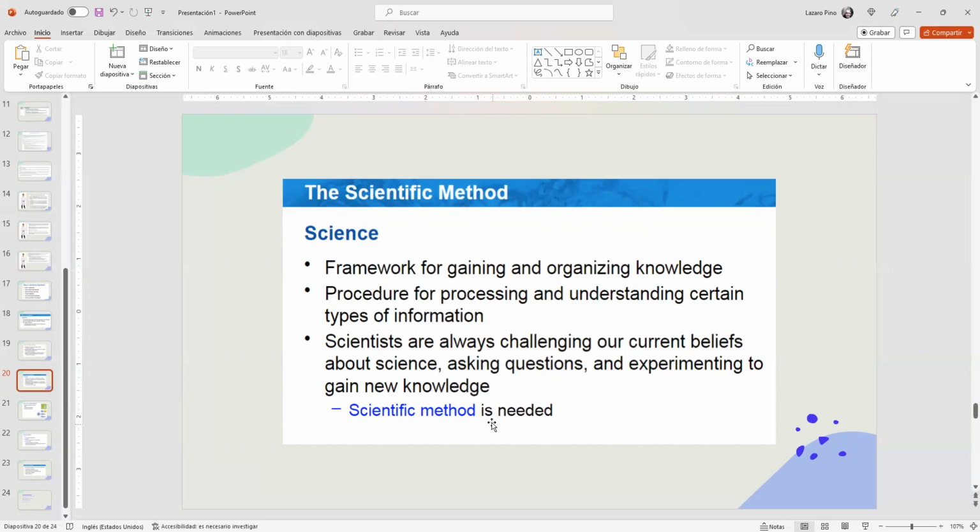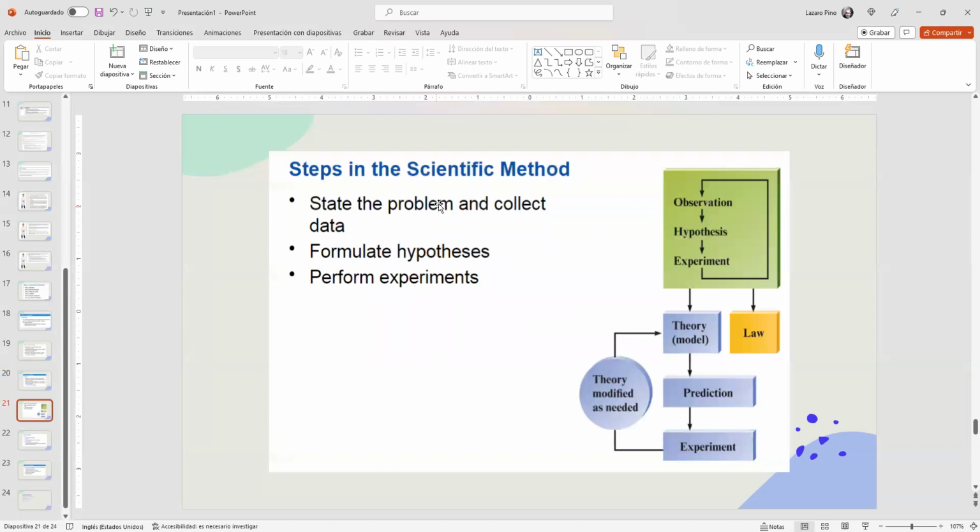That's why we need what we call the scientific method. The scientific method begins with the observation, then you formulate the hypothesis, and using an experiment, you will say if your hypothesis is okay or not. If not, you have to begin at the beginning. After that, you can get a law, or you can make a model.